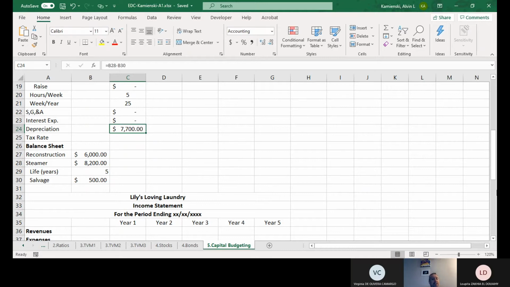So what that tells us is that we're going to depreciate only $7,700. If we then put that in parentheses and divide it by the number of years, what that tells us is we're going to depreciate this thing $1,540 each and every year.